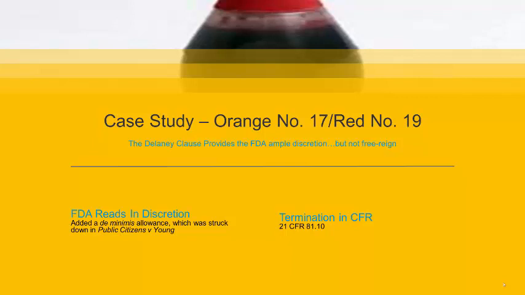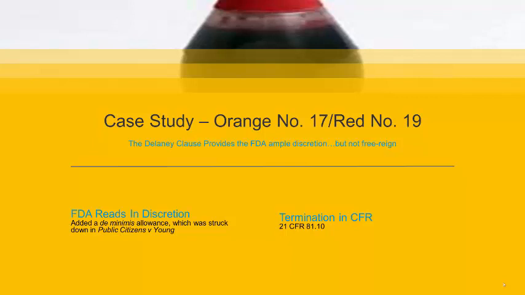And it said when there's a de minimis amount of a carcinogen, basically a threshold, a tolerance of a cancer-causing chemical, then if it's such a small amount, we can ignore the Delaney prohibition on approval for substances that induce cancer, and approve it and allow it on the market.